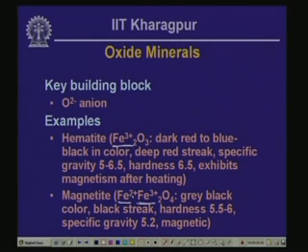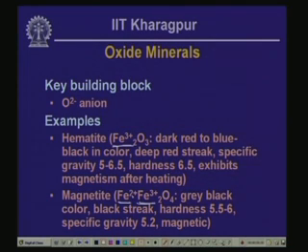It has got a black streak, a deep colored streak again in comparison with the hematite, and then it has got a hardness of 5.5 to 6. Again the hardness is not very different from the hardness of hematite, slightly lower perhaps, and it has got a specific gravity of 5.2, that is also well within the range of the specific gravity of hematite mineral.